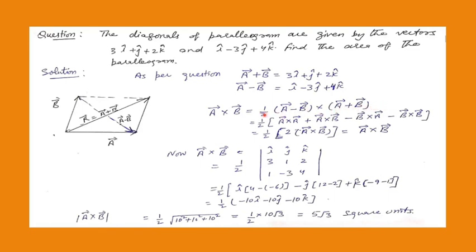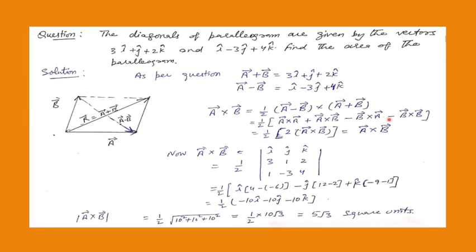This is again a formula which you can keep in your mind for further use: a cross b can be written as half of the cross product of the diagonals, and the diagonals are a minus b and a plus b. I am taking their cross product. If I take it, then a cross a plus a cross b minus b cross a minus b cross b.